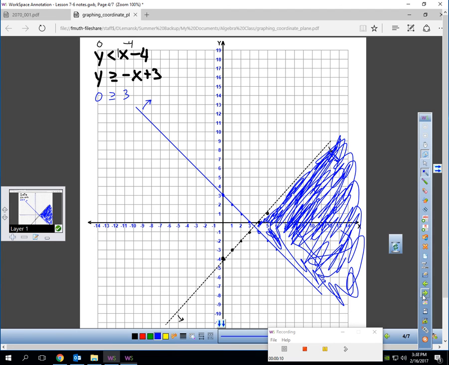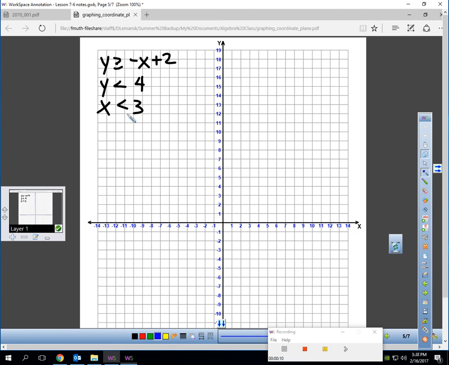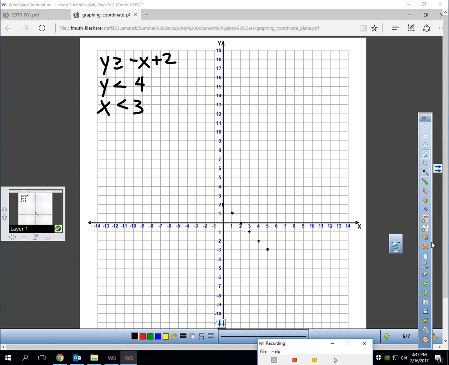Okay? Let's do another one. Let's do this one. We have 3 inequalities here. My first inequality, my y-intercept's 2, and my slope's -1, so I'll go down 1 over 1. Do you notice how in the inequality it says equal? So I'm going to use a bold line. Let's draw a bold line through this.